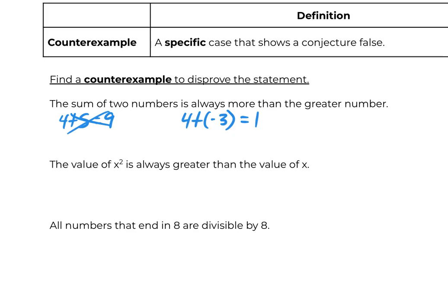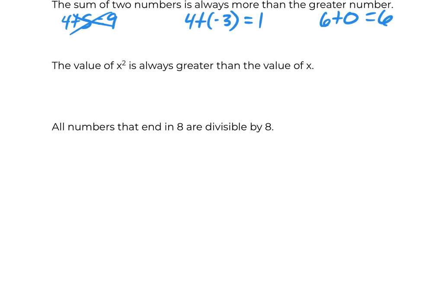There's another number you could use too. 0, yeah. 6 plus 0 is 6. Is 6 bigger than 6? No. Okay, so there's 2 examples of a counterexample. Any negative or 0 would work for a counterexample here with your addition. You only have to come up with 1, but there's a lot of possibilities.